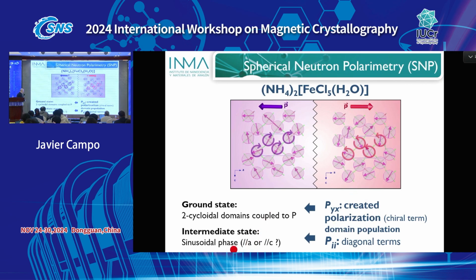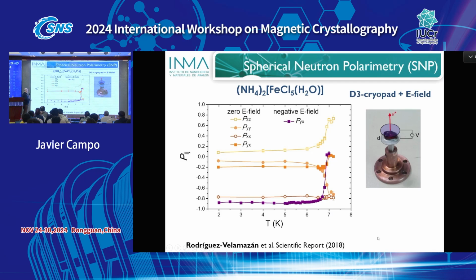And also, to measure the intermediate phase, we need to go directly to the diagonal terms in the polarization matrix. And then Alberto and company measured the big crystal with electrical field in Cryopad. They applied electrical field, and they measured these terms in the polarization matrix, the diagonal terms plus the cross terms, one and the other, okay?